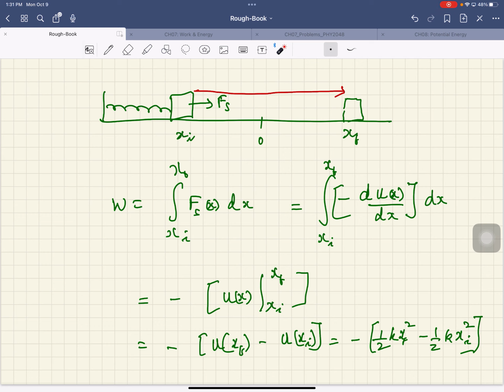What you calculated was the work done by the spring force when the object went from here to there, and that work done was equal to minus 1/2 k x final squared minus 1/2 k x initial squared. So you see the work done just depended on the value of the function at the final point and the initial point. You agree with that? Yes.